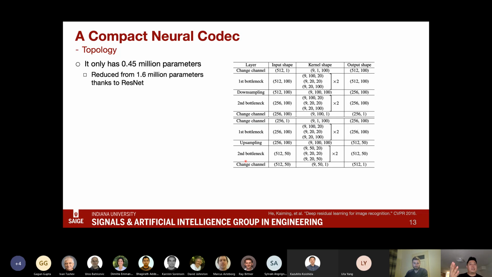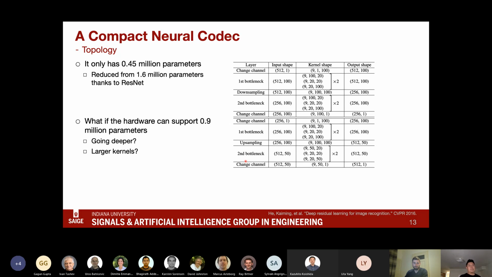Because of the usage of ResNet, the original model like this has 1.6 million parameters, and we could bring the number down to 0.45. So I guess so far, you're already familiarized with the idea of using a trainable quantizer and a straightforward CNN-based neural autoencoder to make a codec.